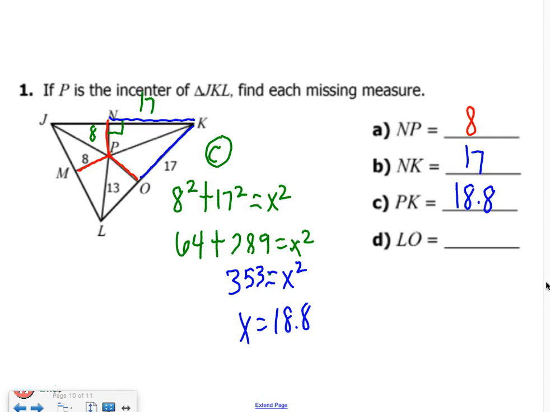How are we gonna find LO? Good job, Reggie. X squared plus 8 squared equals 13 squared. Yeah. This is 8.